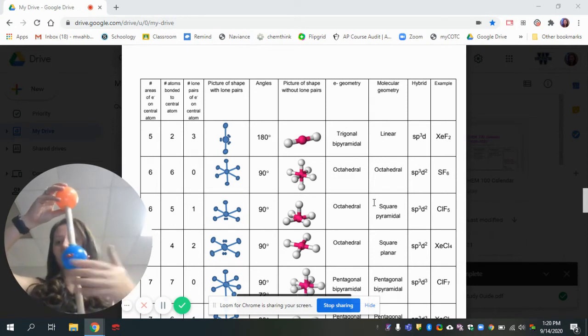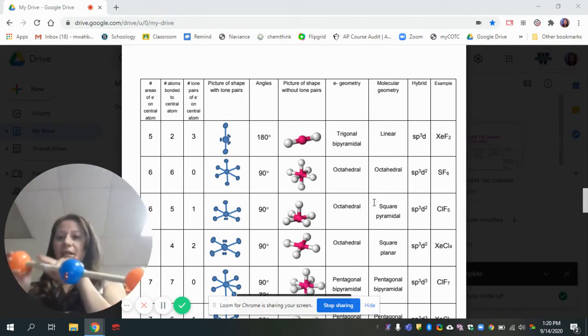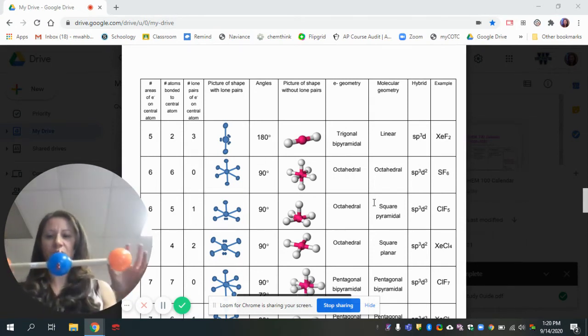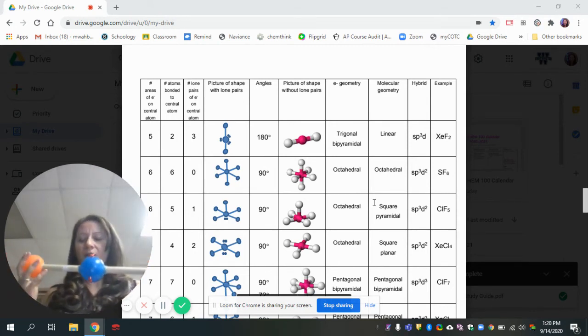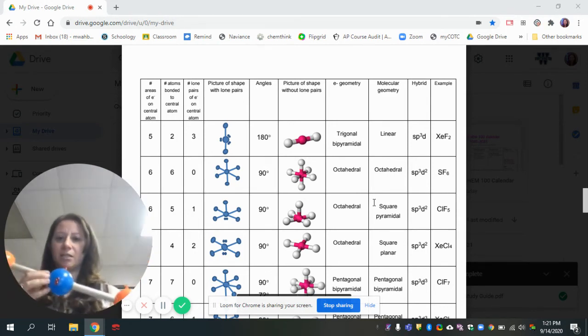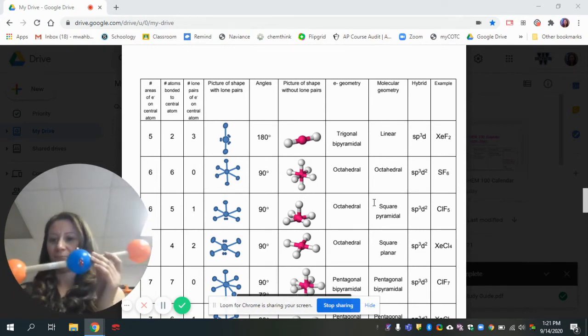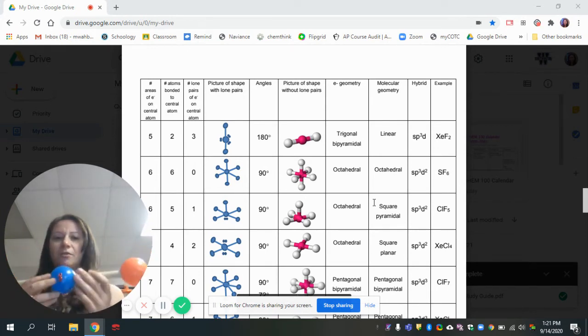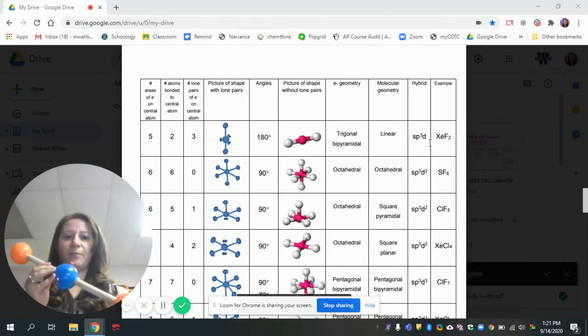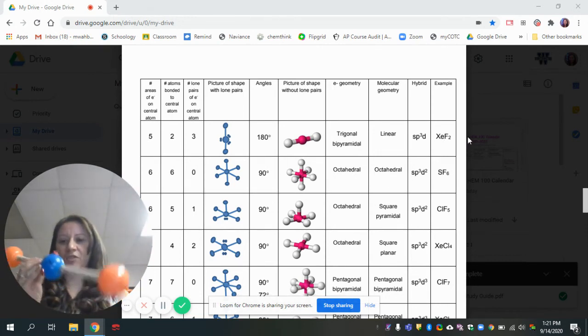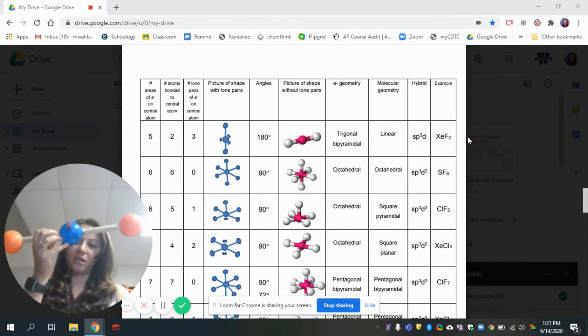But because I don't have any of the middle ones, the bond angle here is 180. So watch out, this is a tricky one. And what shape does that make? It's linear, right? Now another thing to watch out for, so this is XeF2 as an example, right?